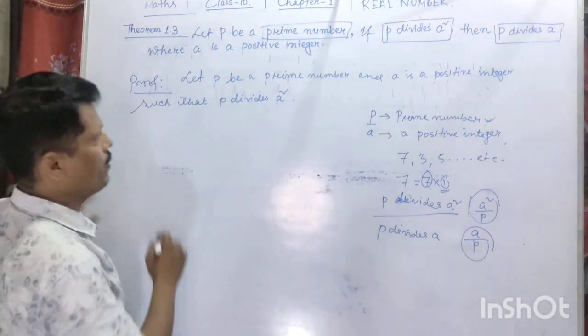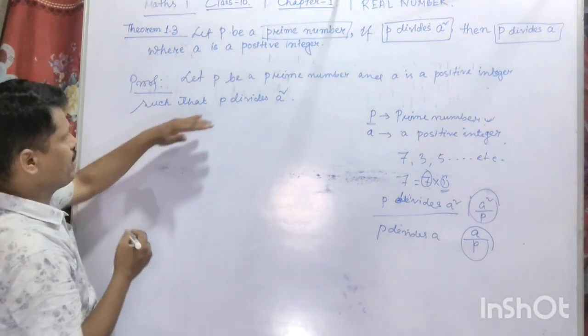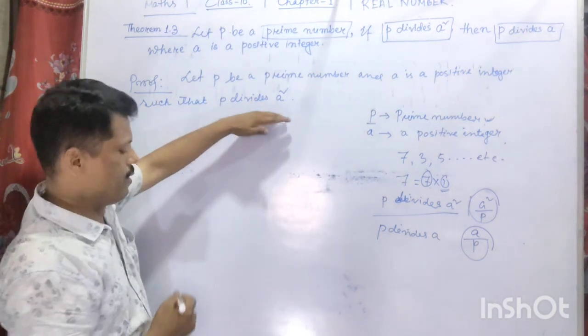Let P be a prime number and A is a positive integer such that P divides a square.